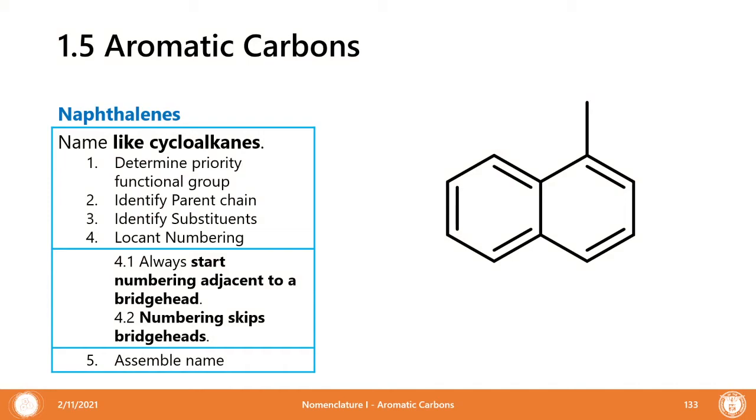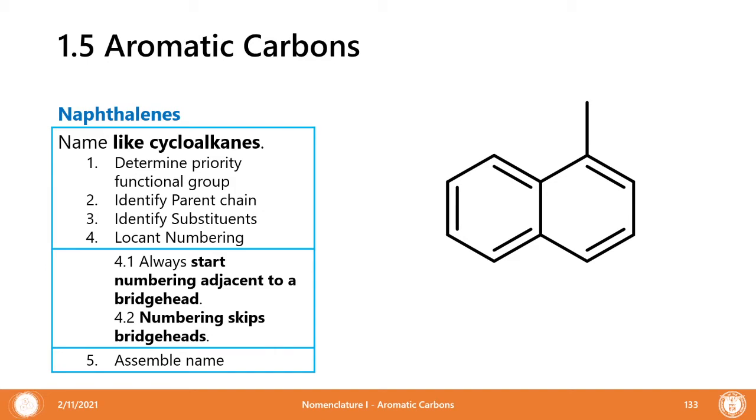Okay. Now we move on to naphthalenes. So they are shaped like so. They look like two benzene rings connected to each other. And they are named like cycloalkanes. So they're not named like bicyclic compounds, even though they are bicyclic.